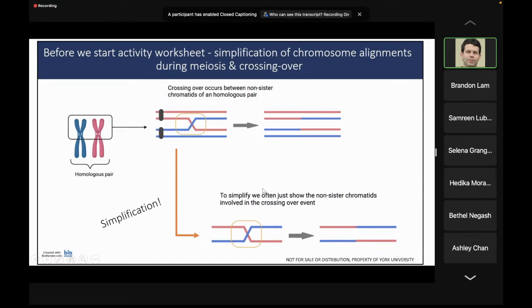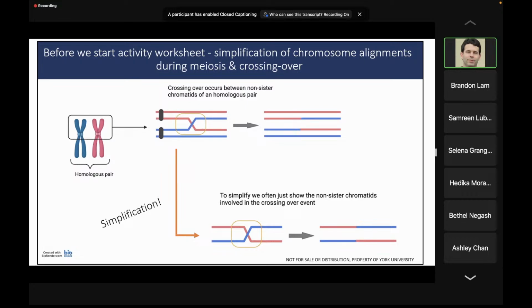Before we start our activity worksheet, I scan your answers every once in a while, checking on what the TA is doing and how the students are doing. I see a lot of language like swapping, the chromosome swap. Chromosomes don't swap DNA.